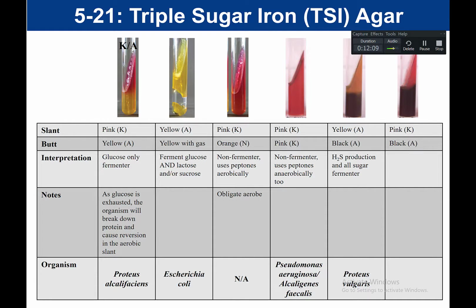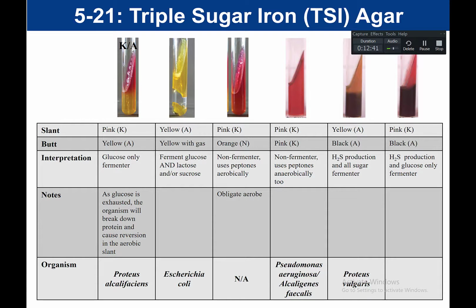So what that means is the organism fermented the glucose because the butt had to be yellow, so it fermented the glucose, but it did not use a disaccharide because the slant turned pink. So this is positive for H2S production. This organism is able to reduce the sulfur, which is why we see black, and it's a glucose-only fermenter. Does not use a disaccharide because if it used a disaccharide, the slant would also be yellow, but the slant is not, it's pink.